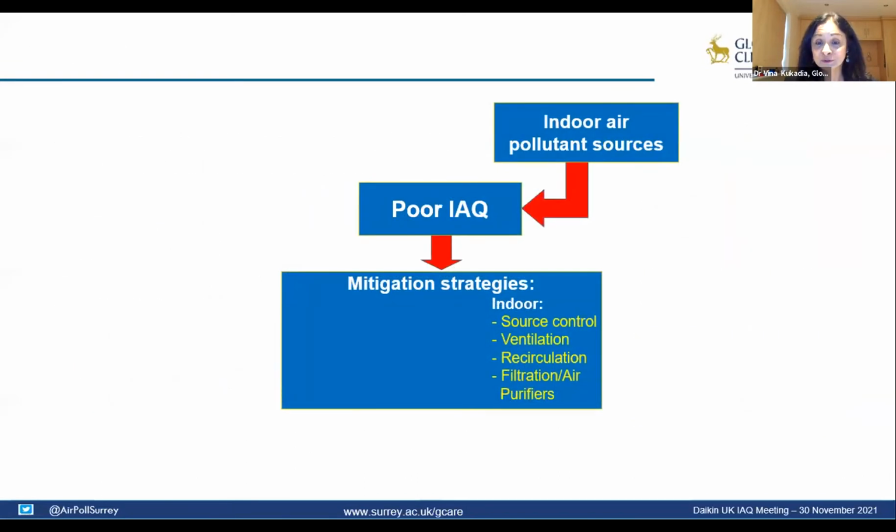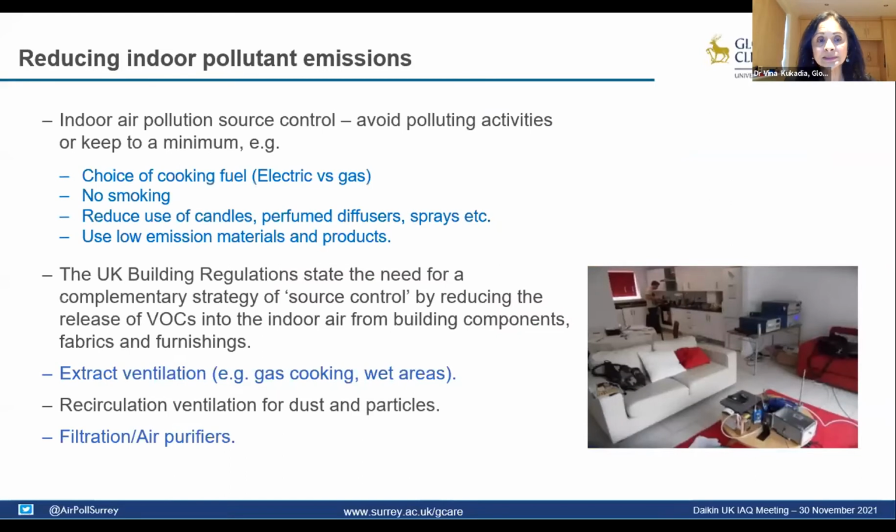So going on to indoor sources, essentially, I'm going to cover the whole lot in one go: source control, ventilation, recirculation, filtration, air purifiers. So indoor air pollution source control basically means that we need to avoid polluting activities or keep them to a minimum.